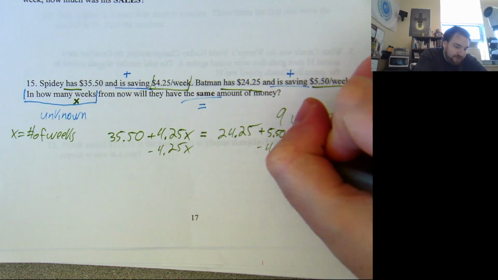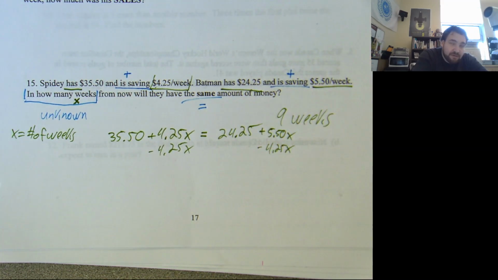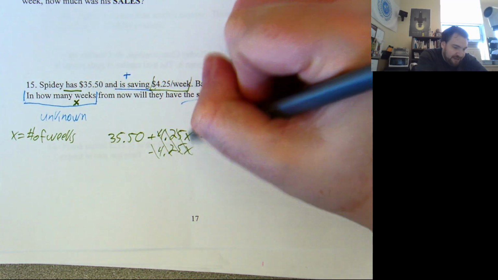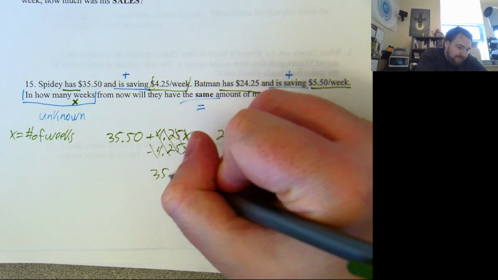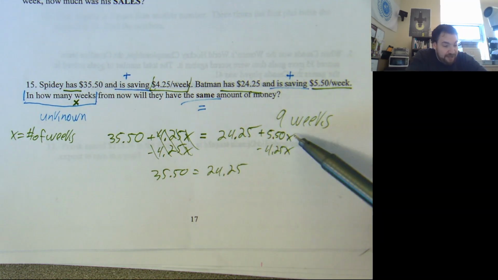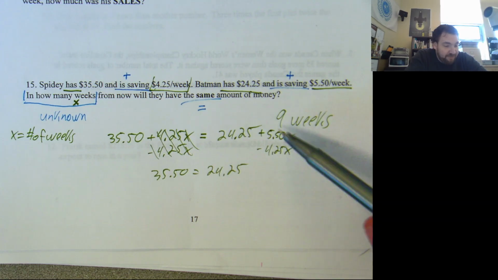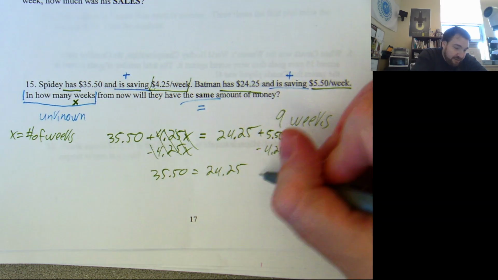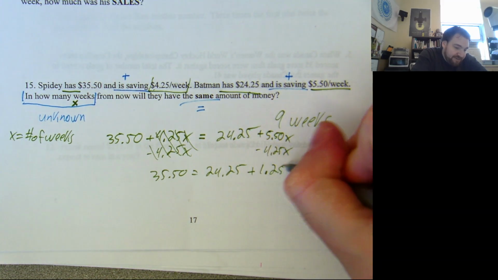We'll subtract 425x. Here the 425s are going to cancel, and we're going to get 3550 equals 2425 plus, since I've got 550 minus 425, $1.25x.